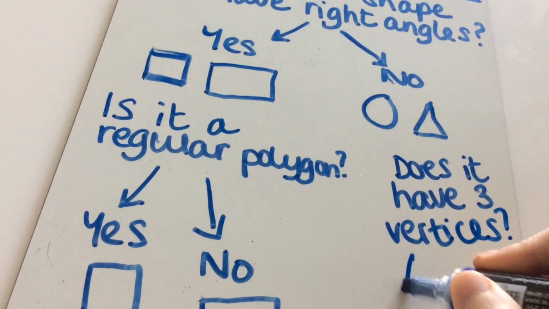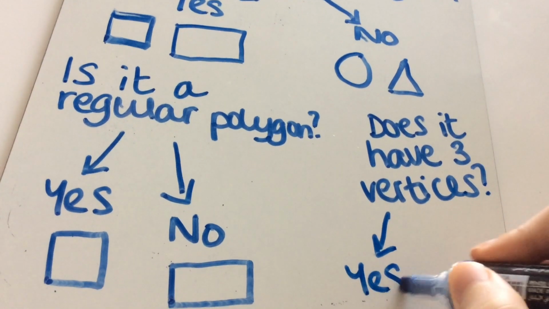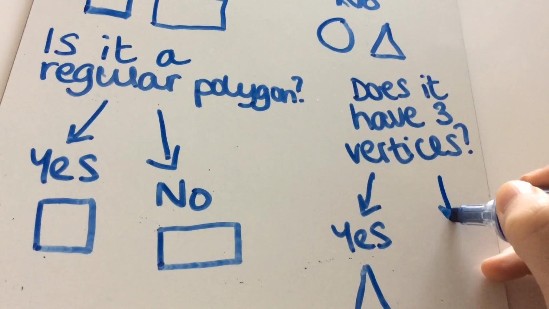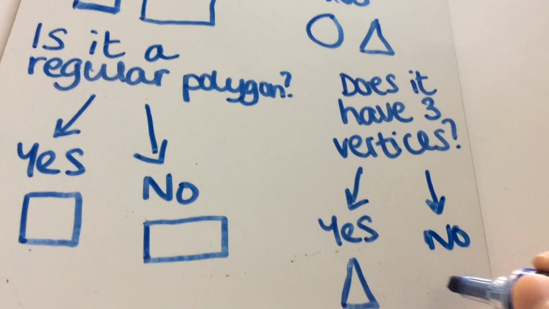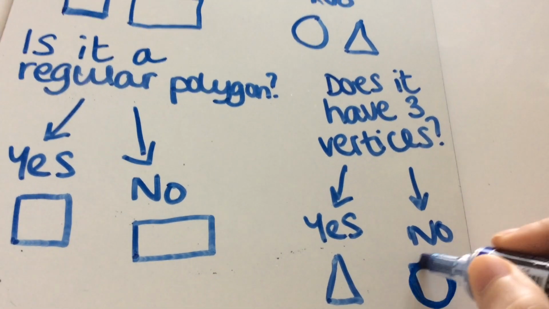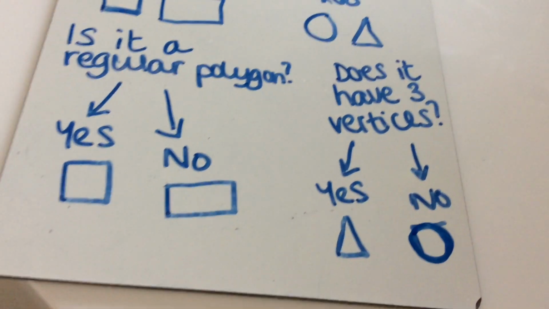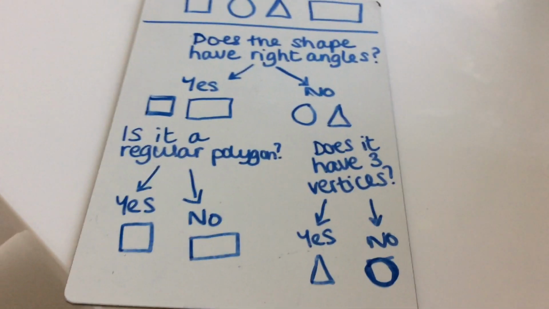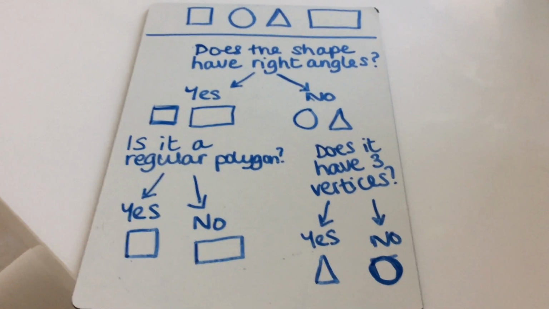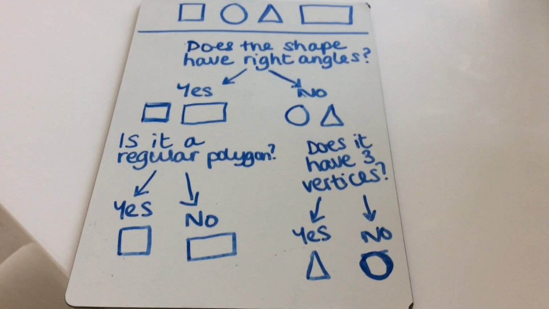Question mark. Yes, that's our triangle. No, that's our, no, not a square. A squircle. There we go, there's our circle. So this one is quite simple. I've just stuck to 2D shapes and I've just used 4.